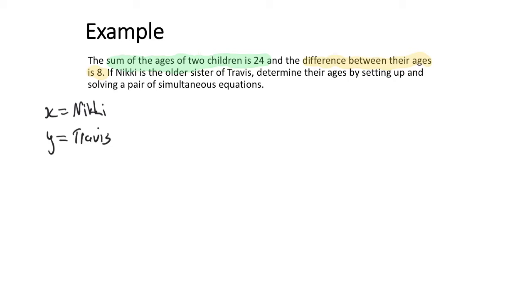The sum of the two ages, so x plus y, is equal to 24. And then the difference of the ages, and we know that Nikki is older, so she will come first, so x minus y is going to equal 8. Now we've got two equations, we can go ahead and solve to determine their ages.